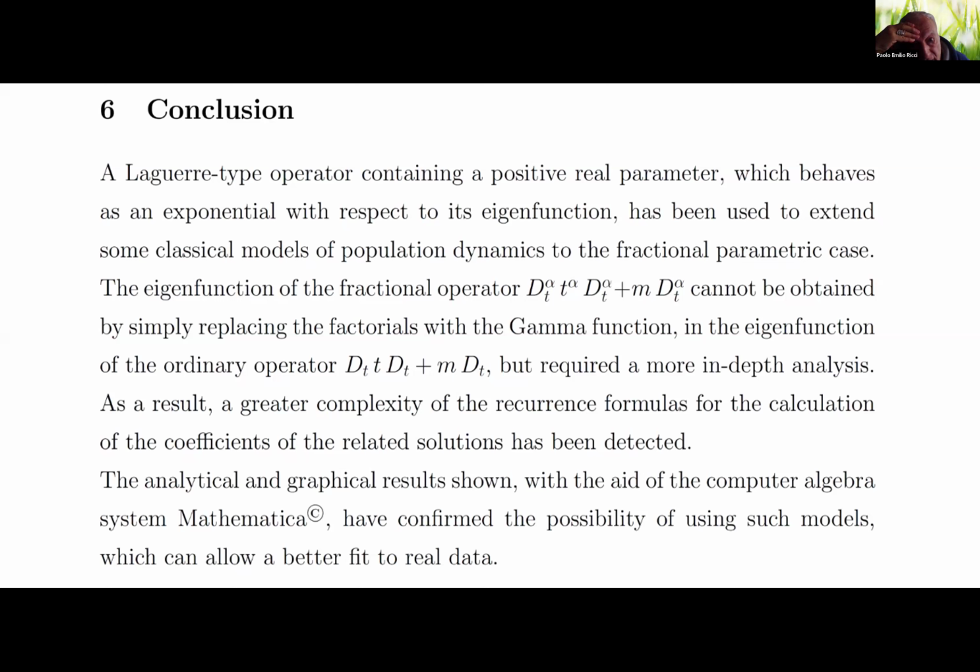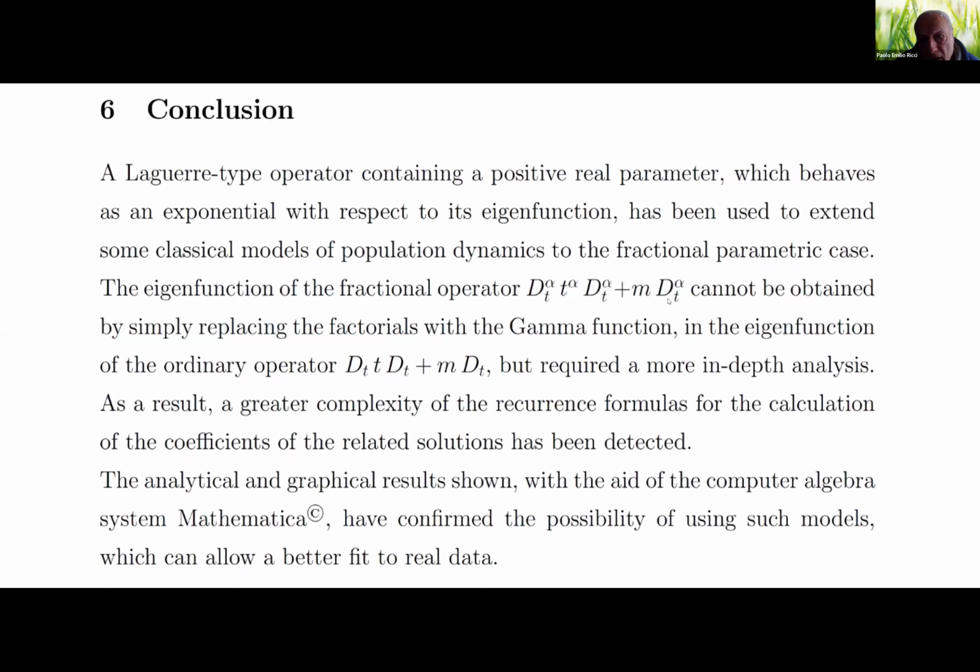As a result, a greater complexity of the recursion formula for the calculation of the coefficients of the related solution has been detected. The analytical and graphical results shown with the aid of the computer algebra system Mathematica have confirmed the possibility of using such models, which can allow a better fit to real data.